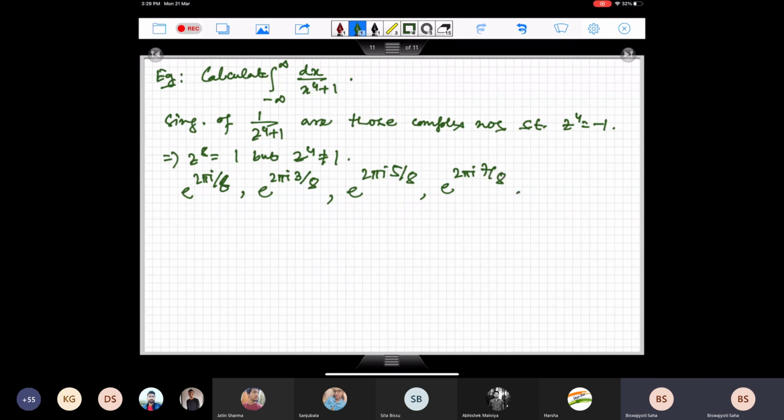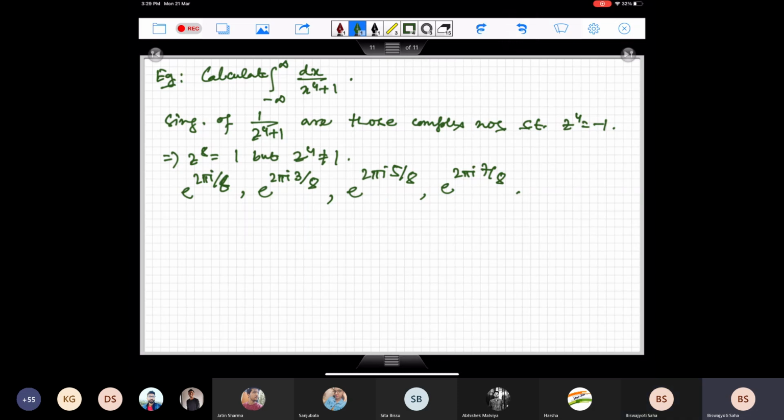Now out of these, only 2 of them are in the upper half plane, because here the angle is e to the power i theta, so theta is pi by 4. Here it's 3 pi by 4, but here it is 5 pi by 4, and here it's 7 pi by 4. So these 2 are in the lower half plane.